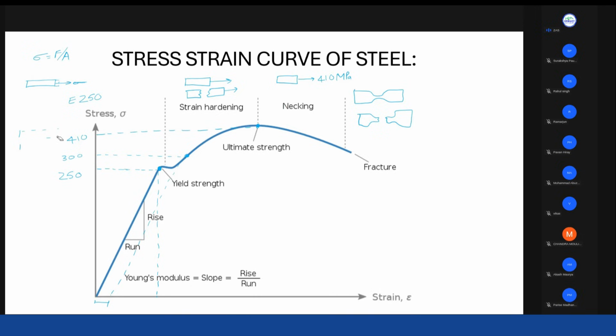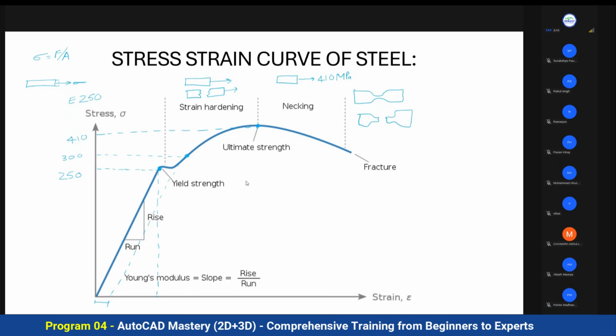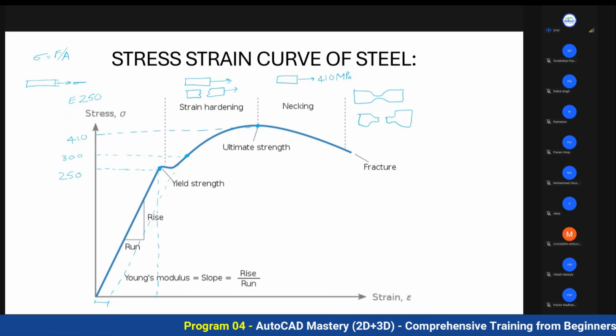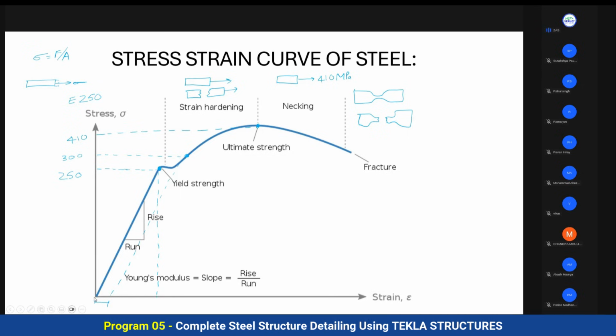Okay, so yes, this is related to the stress versus strain curve. I hope this is also clear to all of you. 300 is proof stress, Akash. It's not that I don't understand what you mean by proof stress, but until the yield strength, whatever force you apply, until the stress of 250, whatever strain there is will come back to its original shape.